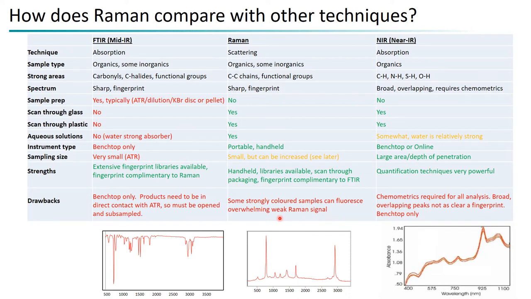With Raman, we do get some influence from what we call fluorescence, and fluorescence is typically where the sample absorbs laser light and lets out light at lots of different wavelengths back.